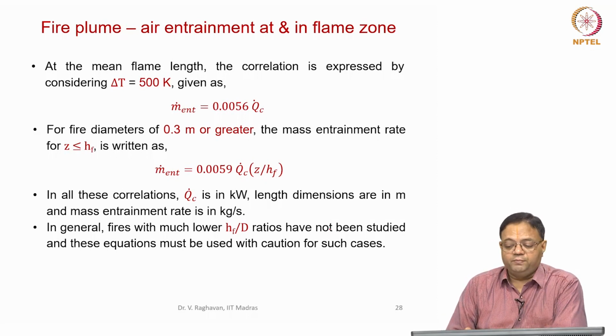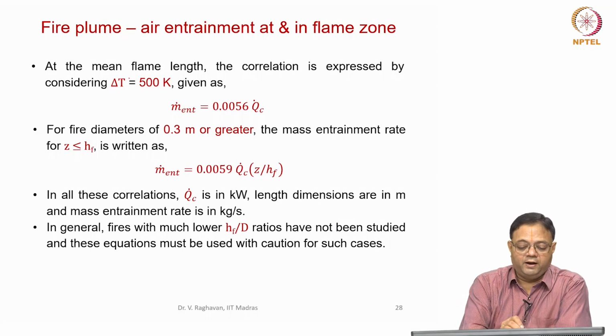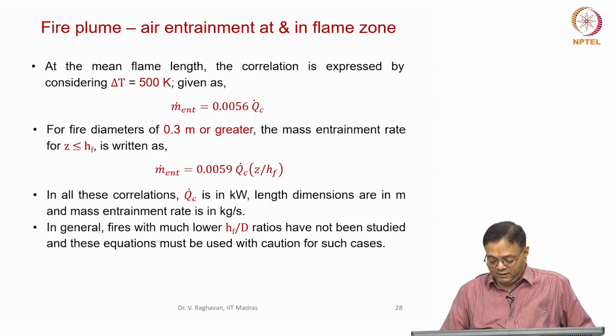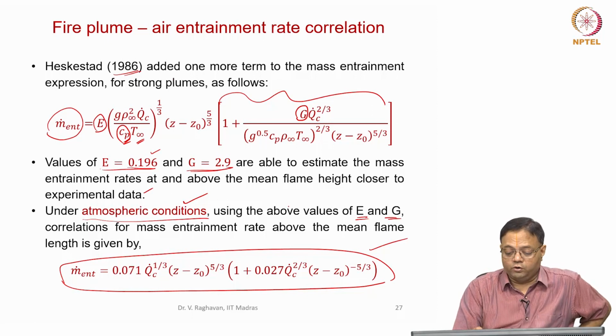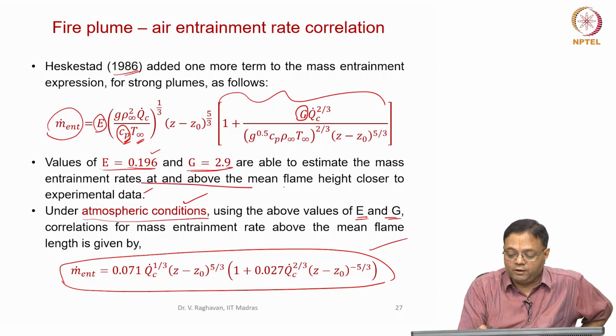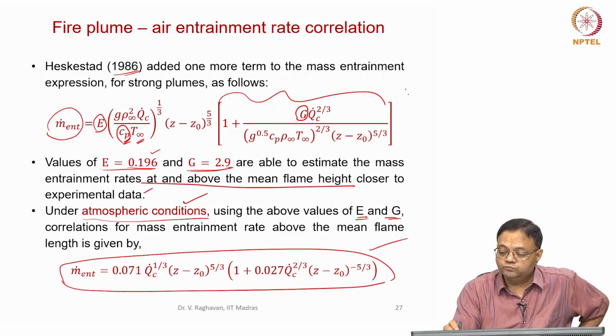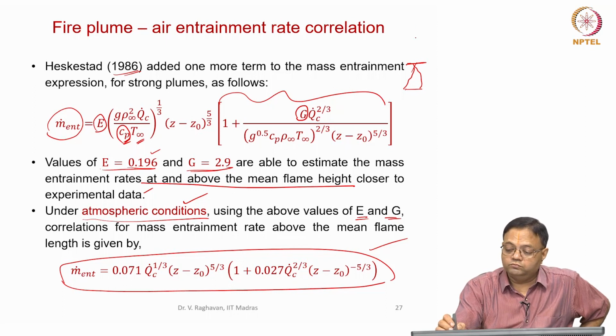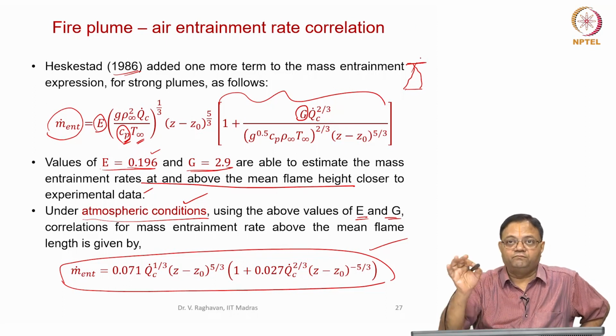Now, further simplifications were done at the mean flame length. Please understand that the previous correlation holds good at and above the mean flame height. So, for example, if there is a source and a mean flame height like this, Z starts from the mean flame height only.